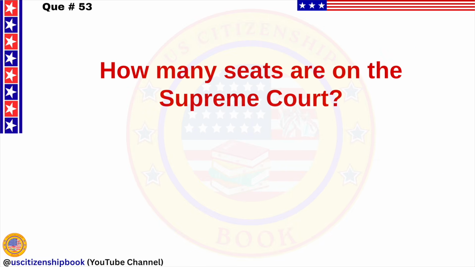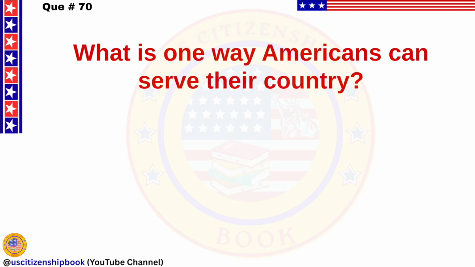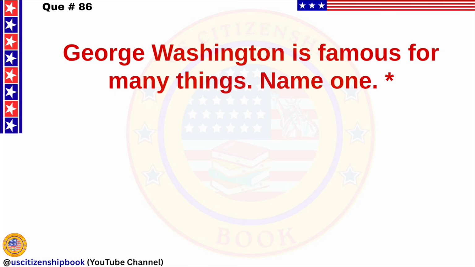How many seats are on the Supreme Court? 9. What is one way Americans can serve their country? Vote. George Washington is famous for many things. Name one.